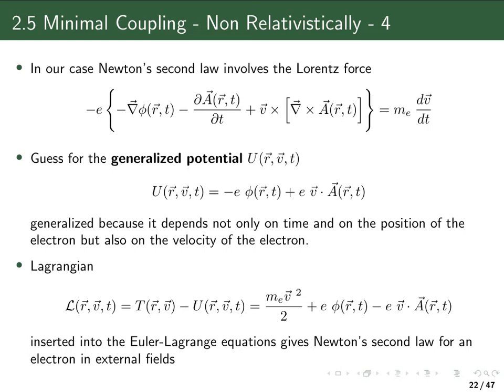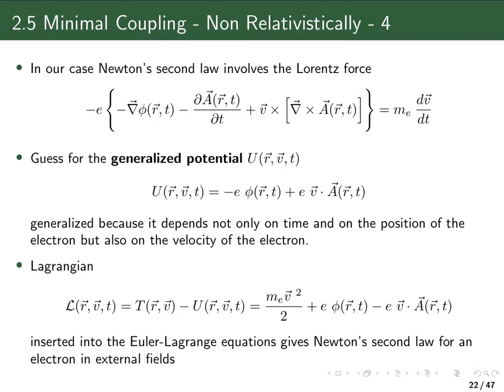In that case, of course, the force which we have in Newton's second law is the Lorentz force, which we derived earlier, where we have the gradient of the electrostatic potential, minus the time derivative of the vector potential, plus the velocity of our particle crossed with the curl of our vector potential. That times the charge of the particle is the force. And then on the right-hand side, we always have the mass times the time derivative of the velocity, meaning the acceleration.